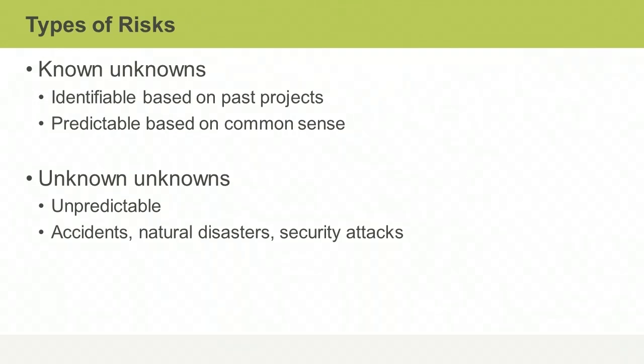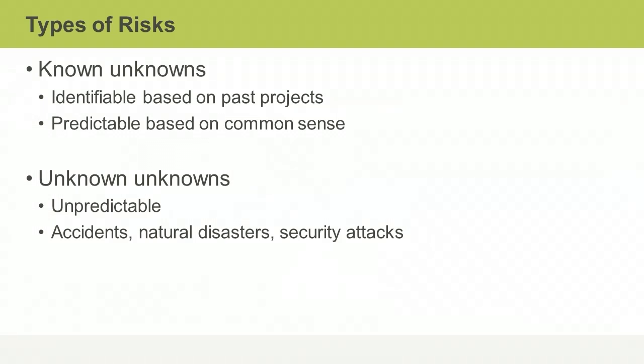There are two categories that all risks fall into. Known unknowns, which are risks that you can predict and therefore mitigate against. Known unknowns are risks that you can identify early in the project based on events that have occurred in similar past projects. Or they can simply be common sense predictions about what might possibly go wrong.